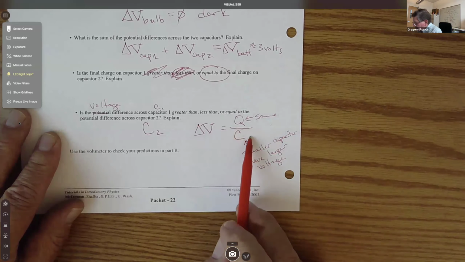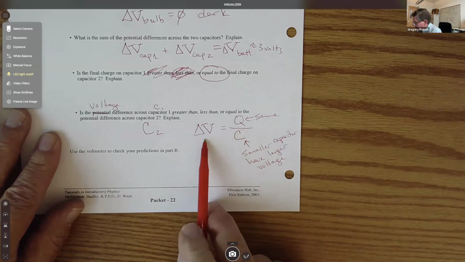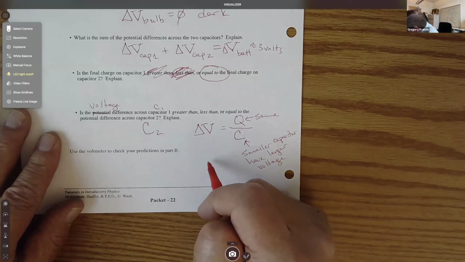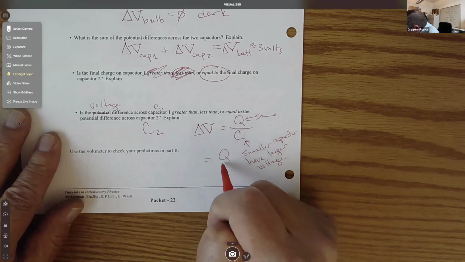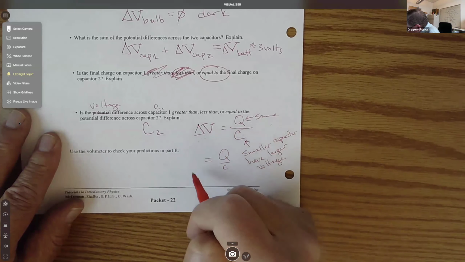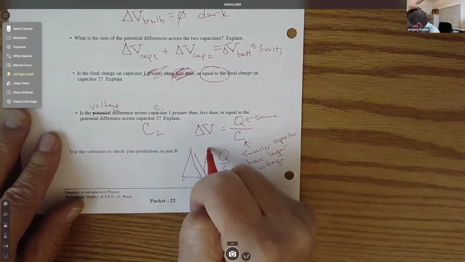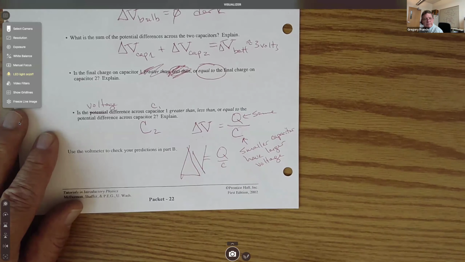If I make the denominator smaller, the other side gets bigger. Okay, I can write this again. If I make the denominator smaller, that's going to make my voltage bigger.